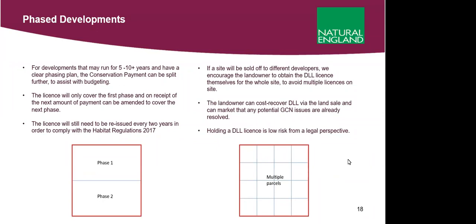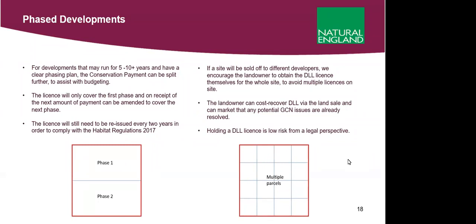So in these situations, we've really encouraged the landholder, who often holds the entire red line boundary in their control but is planning to sell off these parcels, to obtain the DLL license and pay up front as normal for the whole site, with the intention of cost recovering that by selling off these plots to developers.